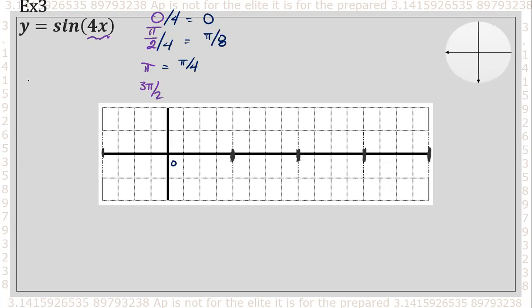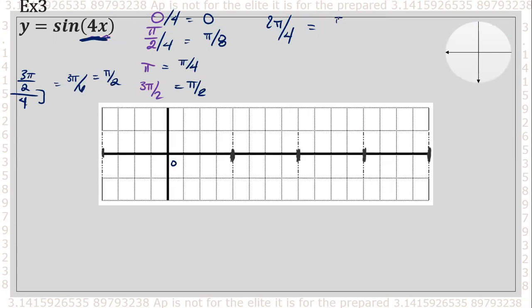3 pi over 2, that's a little tough one. I'm going to have to write that out. Divided by 4. Let's go ahead and multiply the denominators here. And I get 3 pi over 6, which reduces to pi over 2. Okay, and last but not least, 2 pi, if I divide that by 4, because the compression told me to, I get a pi over 2.